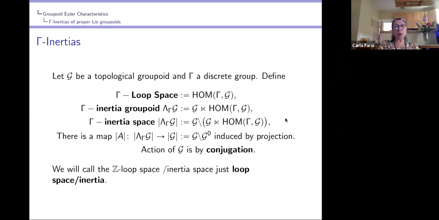So what we do here is make these definitions in terms of a discrete group gamma, but you should really think of gamma as being the integers, because that is the base case, so that makes more intuitive sense. So the loop space is also called in some other references the isotropy subgroupoid.